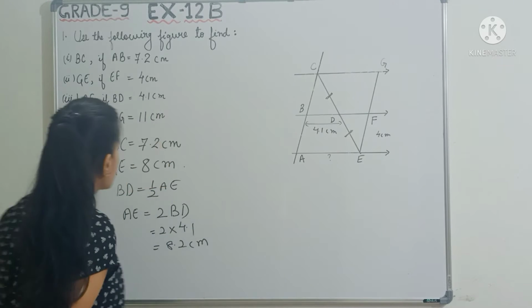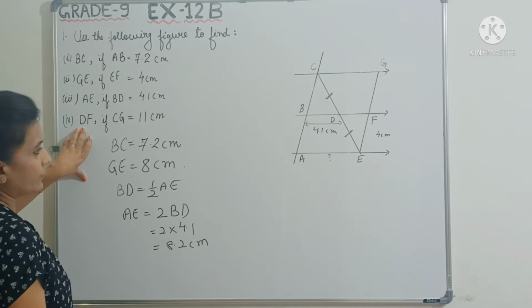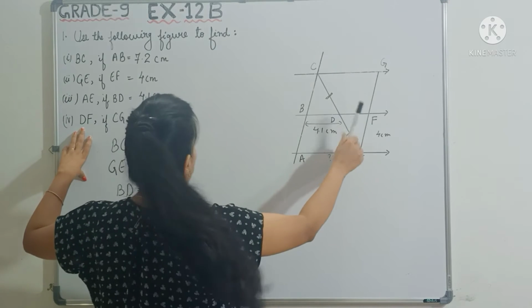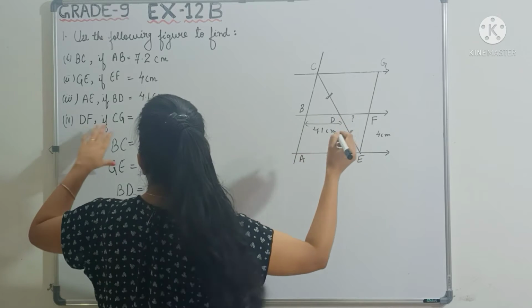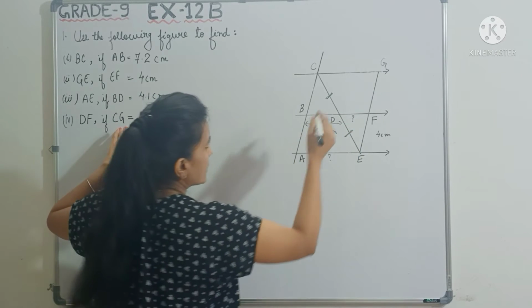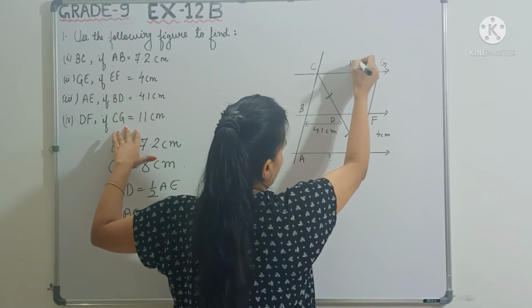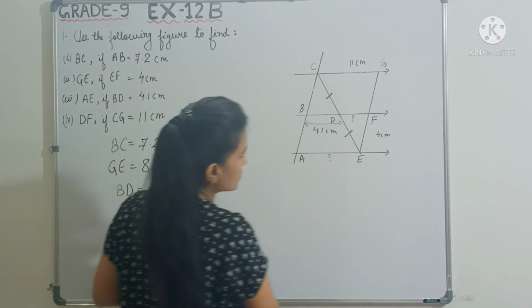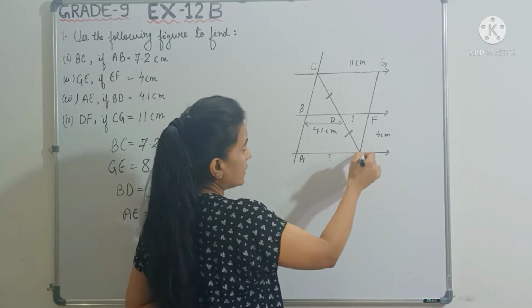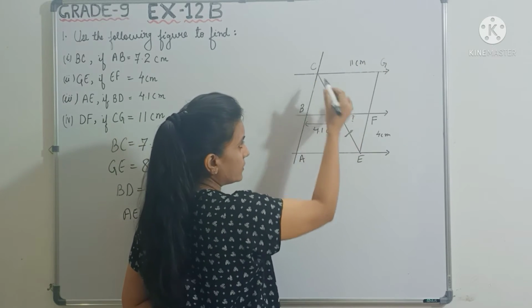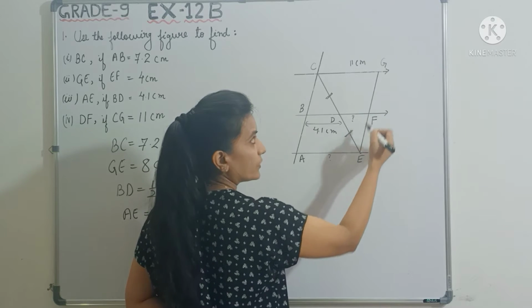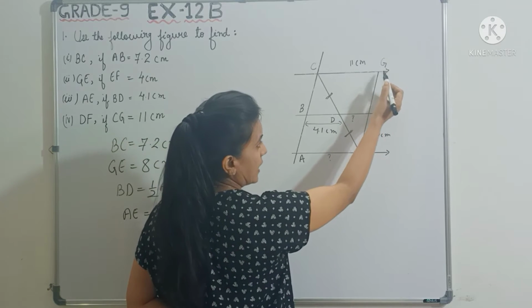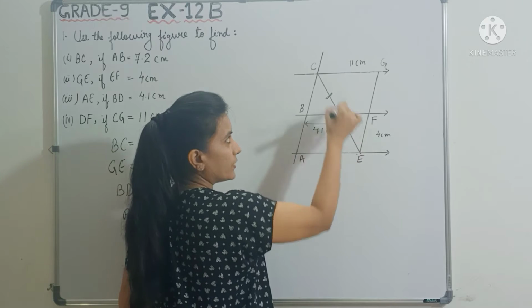Alright. Now the last one is DF. DF you have to calculate, and CG is 11. Again, this is also the same as this one, right? In triangle ECG, F is the midpoint of EG, right? And D is the midpoint of EC.